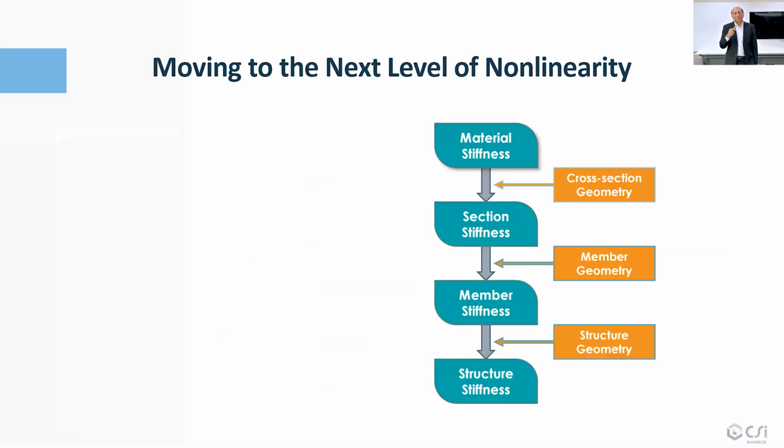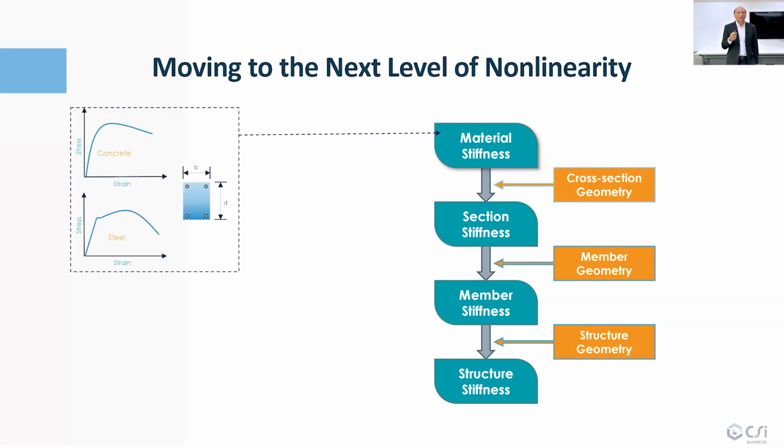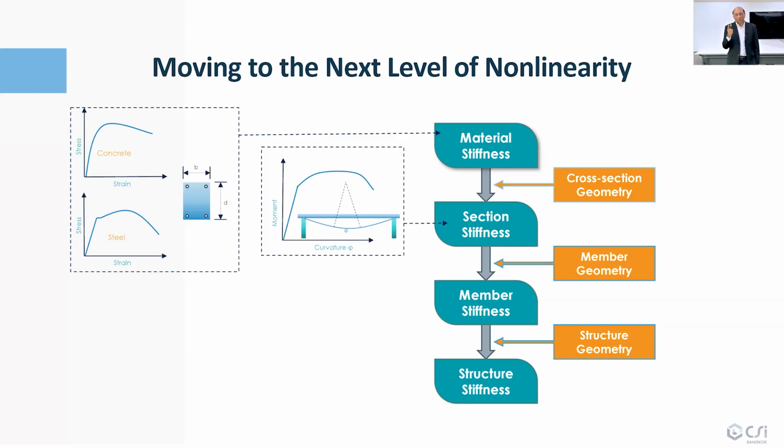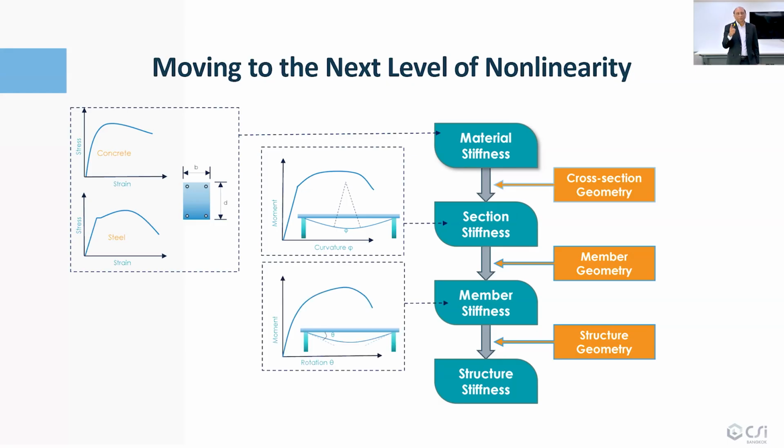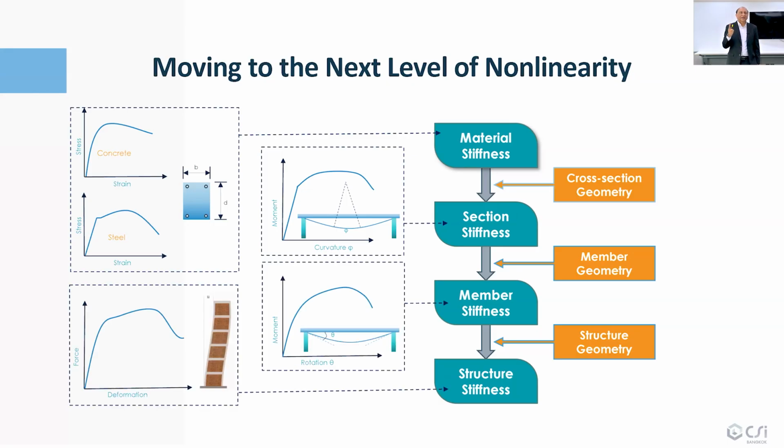And similarly, for the whole structure, now we can do the nonlinear modeling by creating a moment curvature curve based on the material's stiffness, which is nonlinear. Stress strain curve goes to moment curvature curve, moment curvature goes to moment rotation curve, and moment rotation goes to load deformation curve.